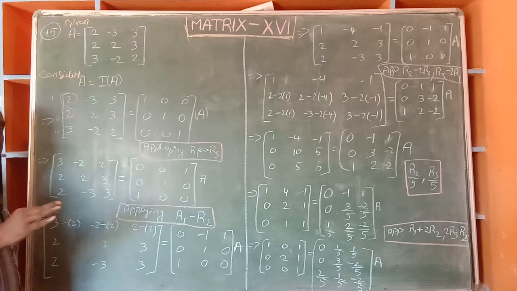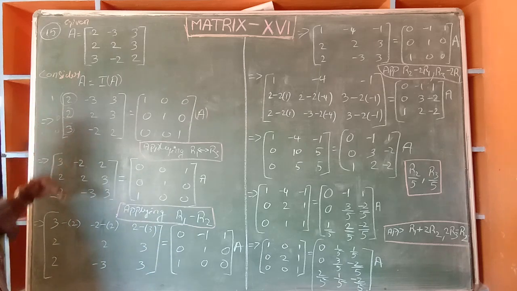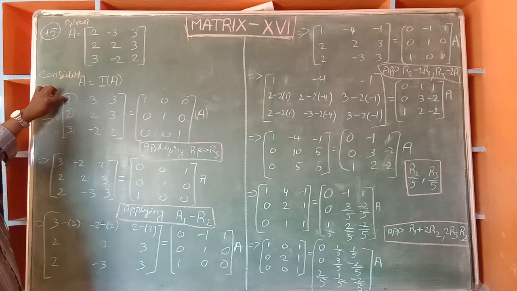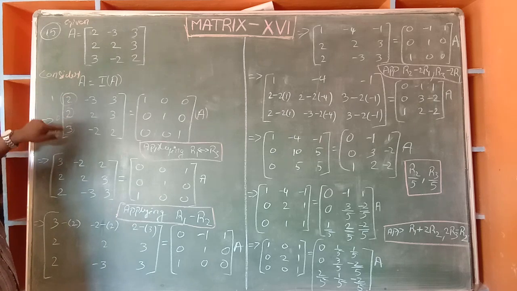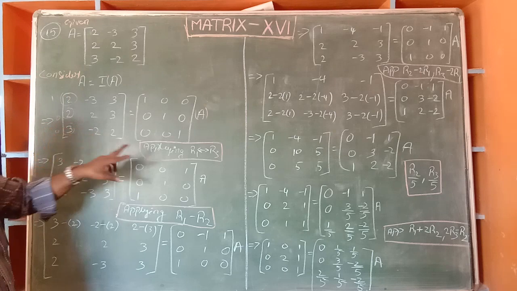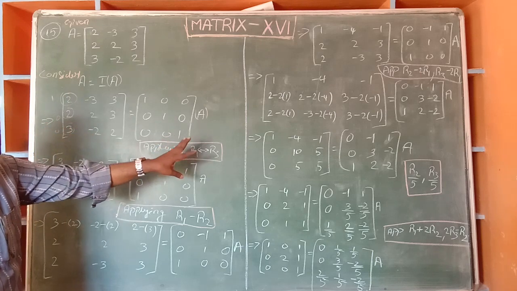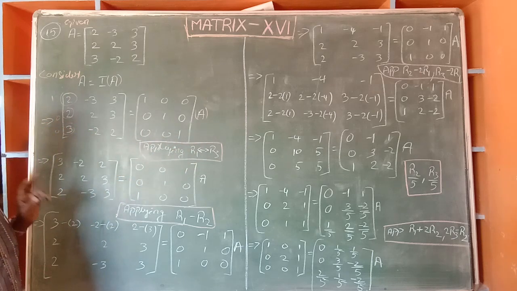Suddenly it will not come. Slowly we have to change. Why? Because 2 minus 3 is minus 1. If 3 is there and 2 is there, then 3 minus 2. Here you can understand, 3 minus 2. For that purpose, I interchanged R1 and R3.